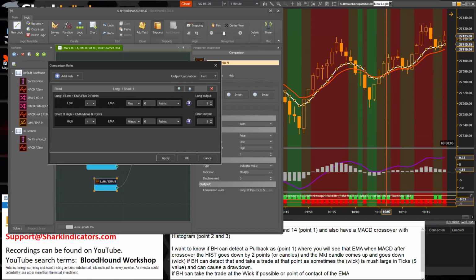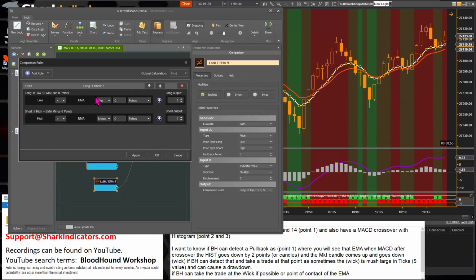Normally we don't need to reverse these symbols to identify if a bar touches. But in this case, I did, because we want the high price to be above. The high price touching the moving average means it's above the moving average. So essentially, these prices were reversed here.